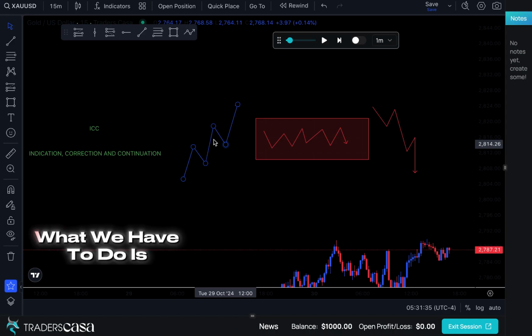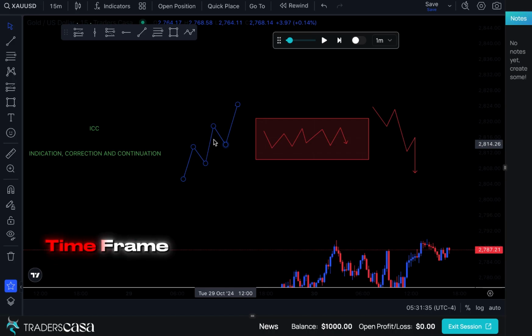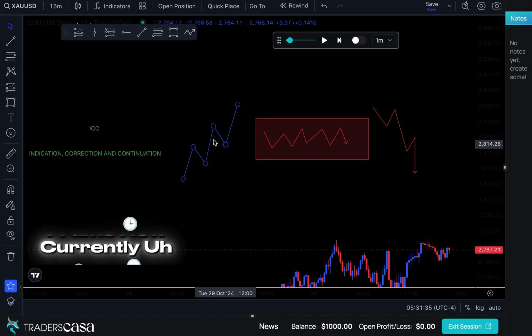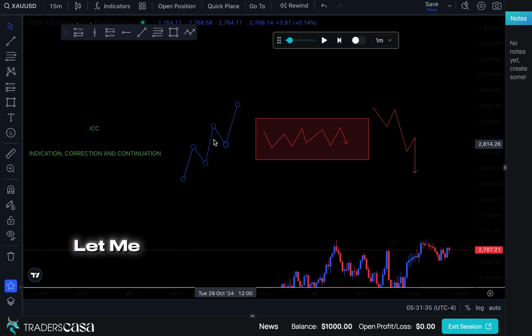anything next. What we have to do is go to the 1 hour time frame. So at the 1 hour time frame now, let me take these out. Let's keep it here. Okay, so at the 1 hour time frame currently, the market is in an uptrend.